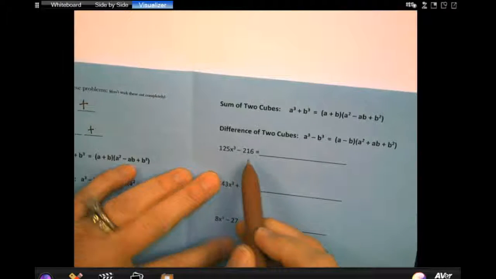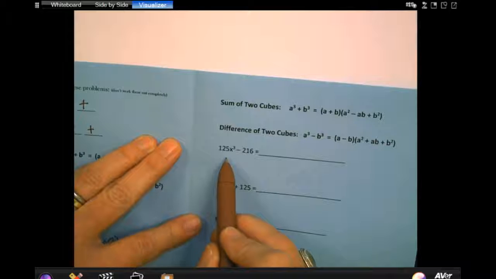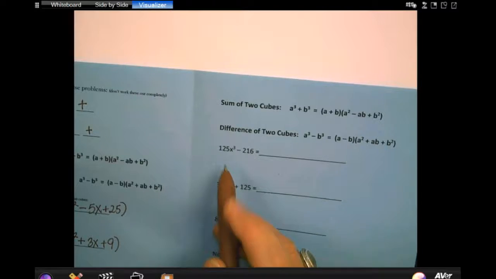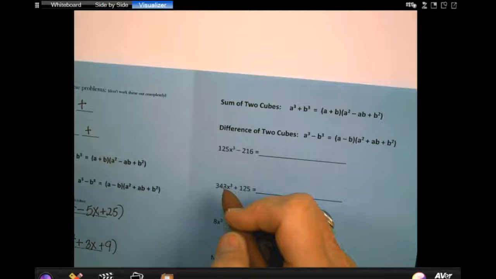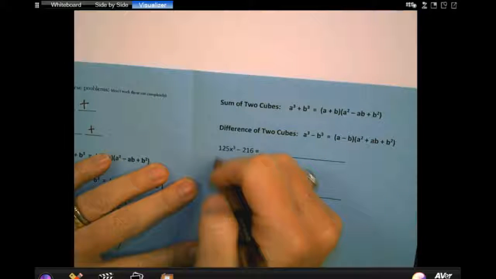So let's go over here. I want to know what number raised to the third power equals 125. 5. 15 times 15 times 15 is way bigger than 125.